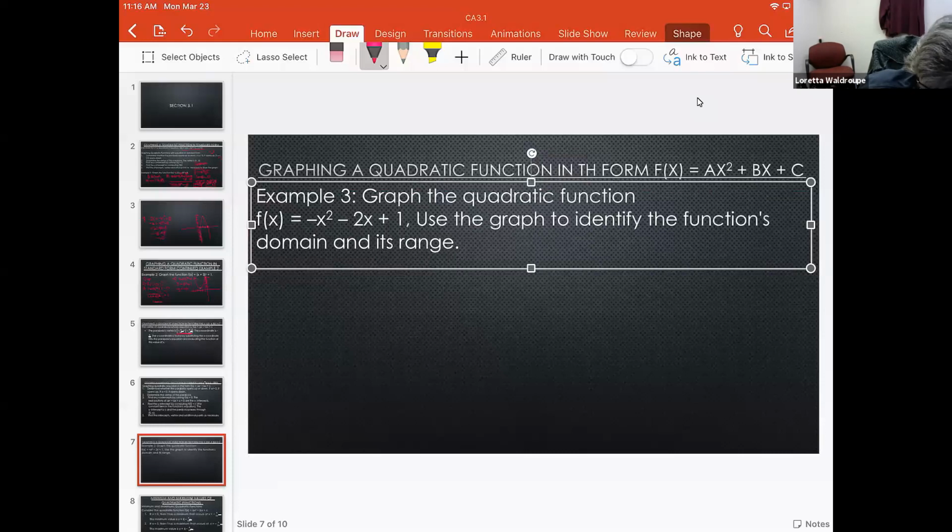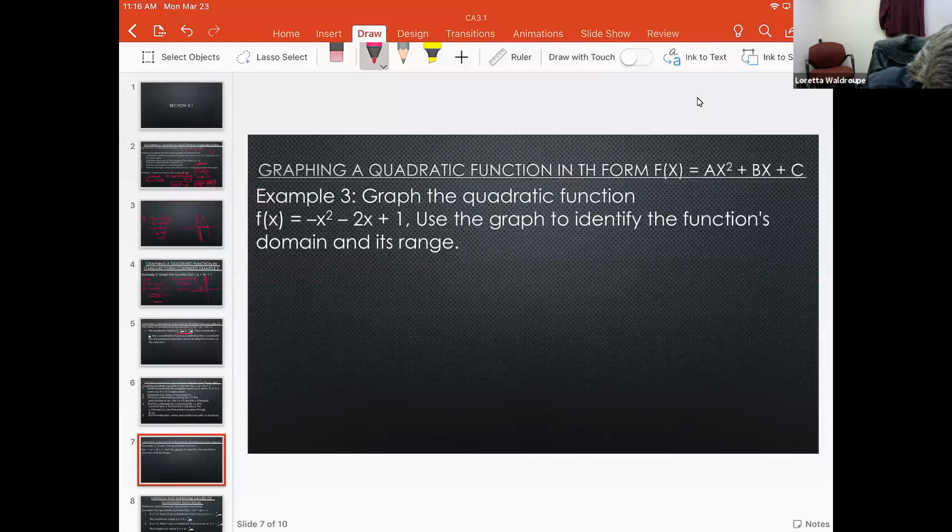Okay, so these steps are the same. Step 1, is this graph going to open up or down? Well, in this form, a is the number in front of x squared. In front of x squared is a negative. So since it's less than 0, it's going to be down because it's a negative. Step 2, what's my vertex?